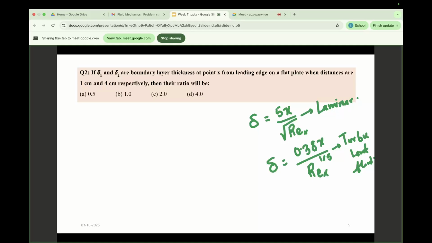Basically, in case of a flat plate, we assume it to be laminar. So considering it as laminar flow, you try to solve this one. I am giving you 1 minute, and after that I will discuss this concept with you.